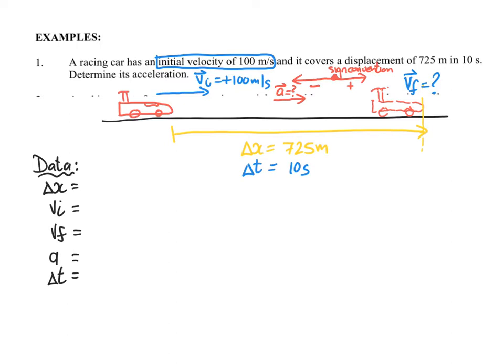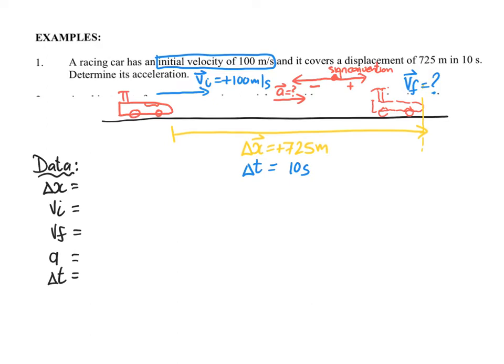Now, the change in position is also a vector quantity, so I'm going to assign a positive sign there because the change in position is in the direction of motion, which we've assigned as positive.